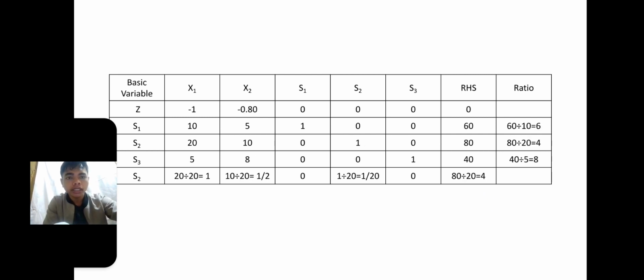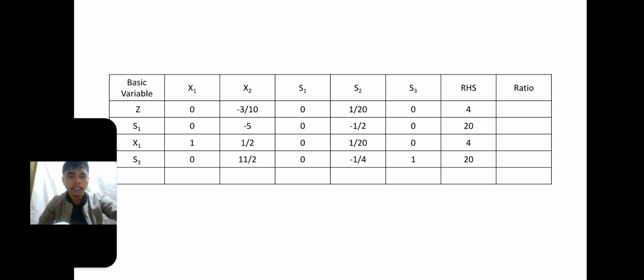To proceed to the next step, we should use the new row of slack sub 2 in the previous table. You can see I already put the variables in the table below, and we already have the x sub 1 in the variable.